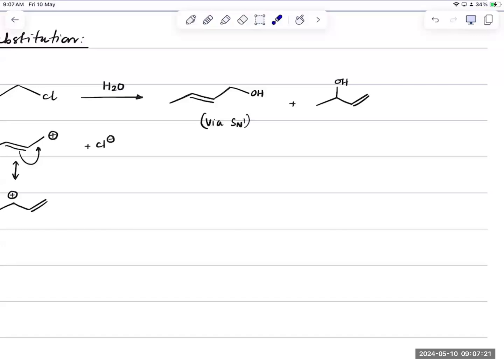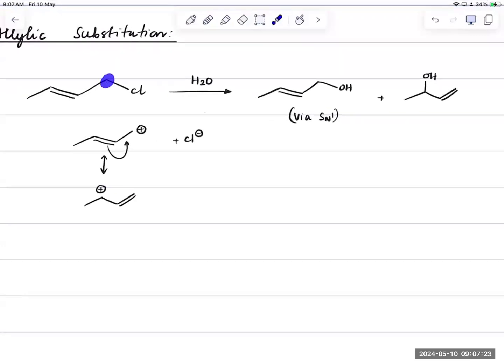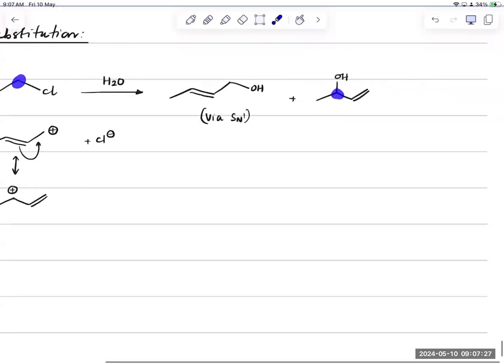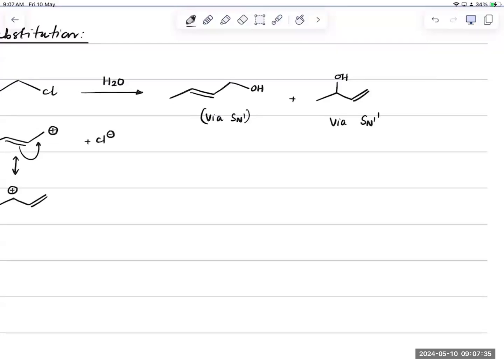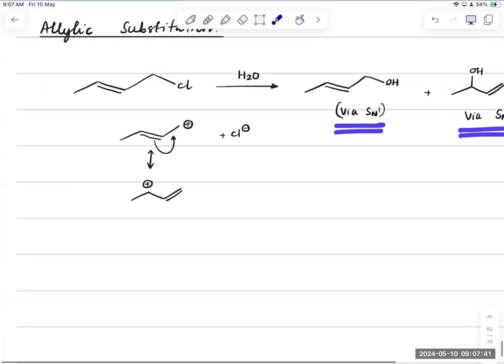Now, since the leaving group position was here, now nucleophile is attacking on a new position, which is a resonance stabilized position. This is called via SN1 prime. This is via SN1. This is via SN1 prime. So I hope you guys understood which is what.